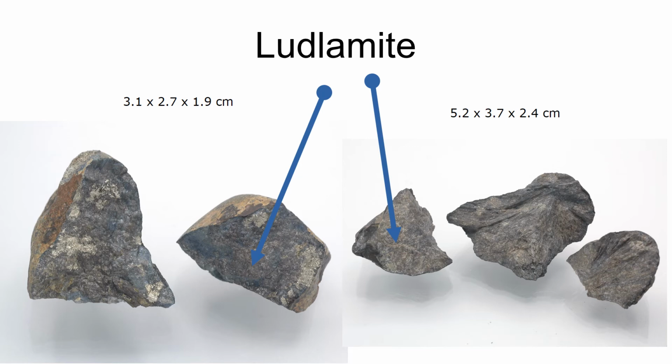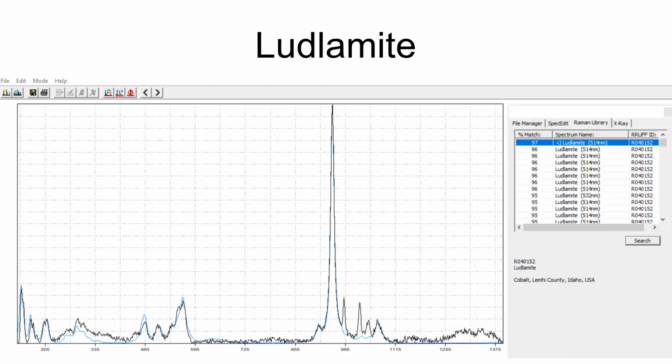Here is an example of two nodules showing ludlamite. It is usually a gray to grayish brownish color and not the characteristic green that ludlamite is usually known for. Strong correlation with ludlamite from other localities.